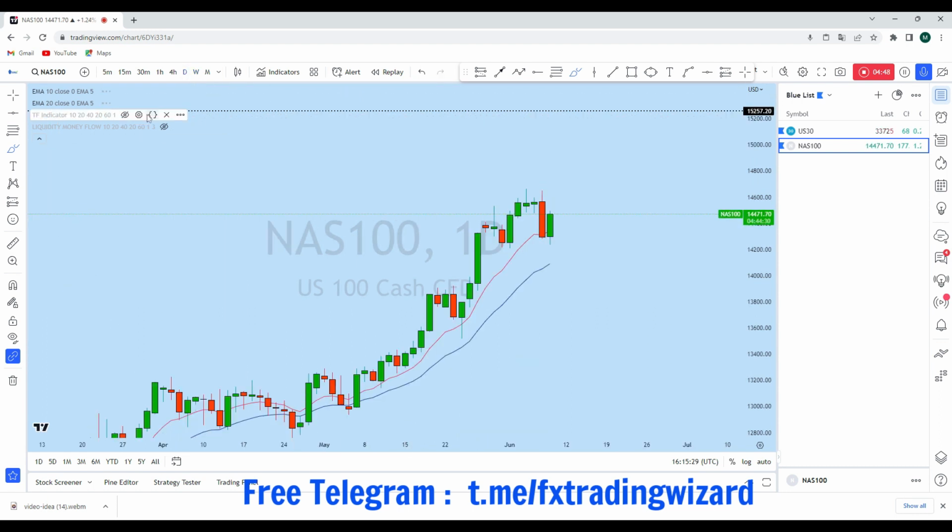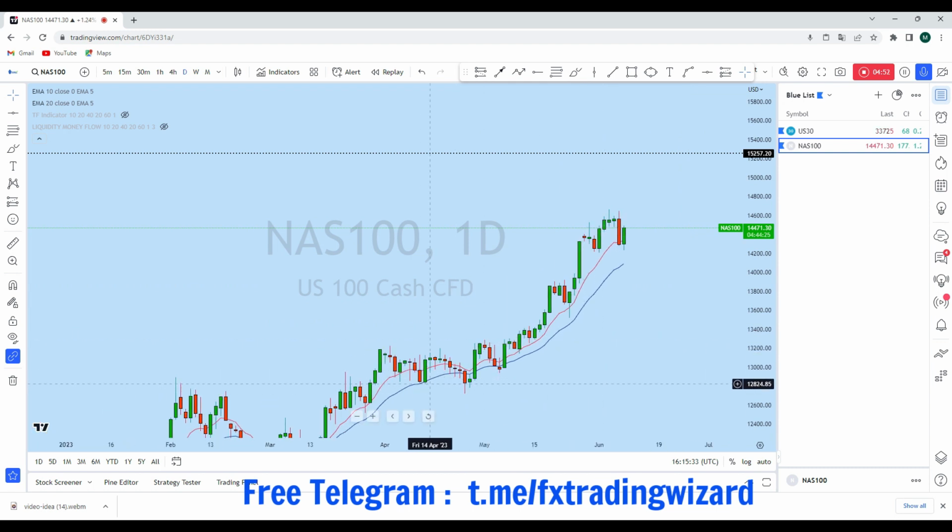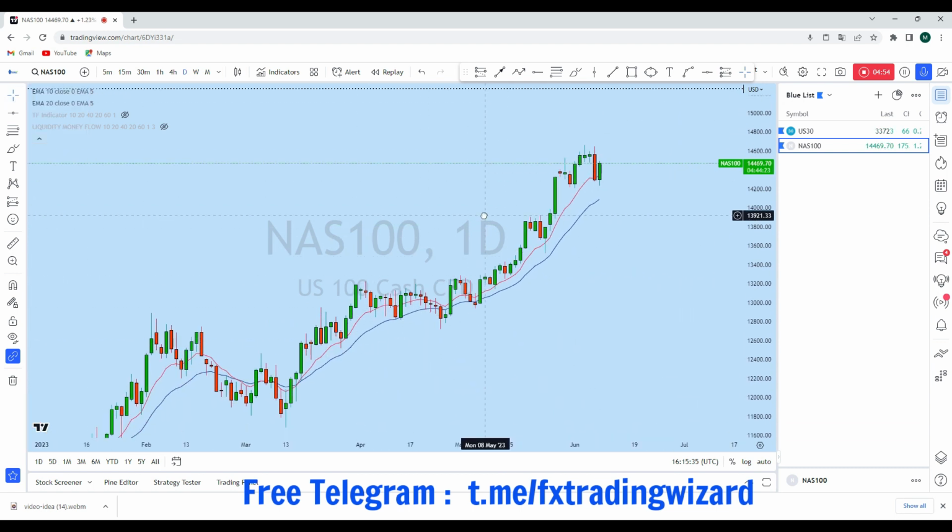If we look at the daily on Nasdaq, this is the daily price action, and the market structure is strongly bullish. We see with this market structure, the price creating a series of higher highs and higher lows, which is a typical bullish market structure.